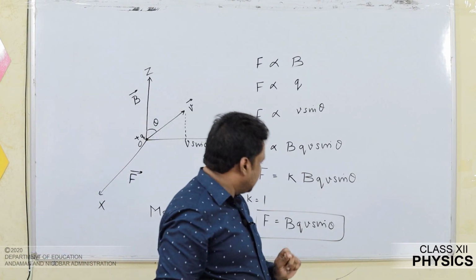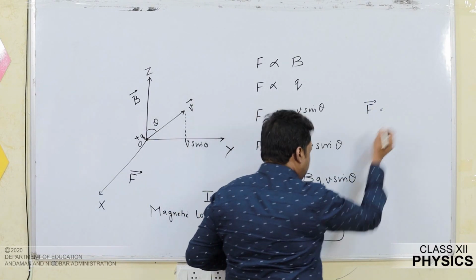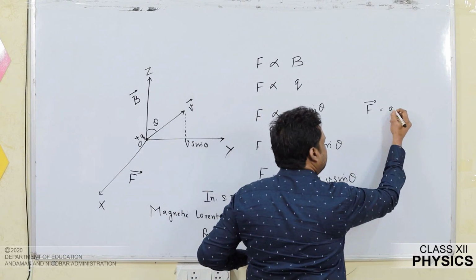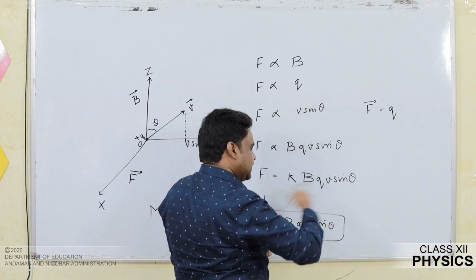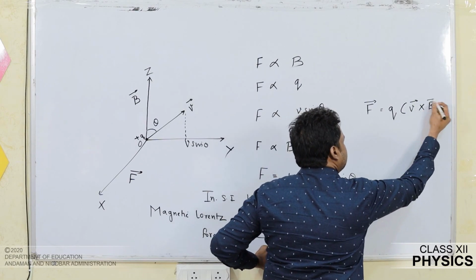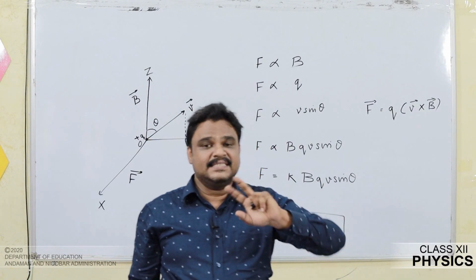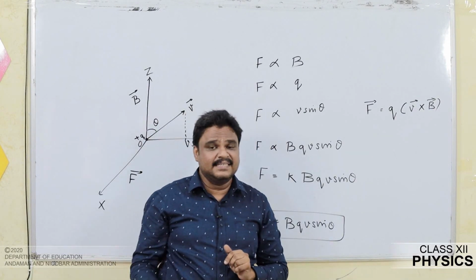So what about the vector form? If I represent this force in vector form, you know q is a scalar, and sine theta is the output of a cross product. It comes to be v cross B. Once again, it's a sensitive part. You know how to get the direction of vector quantities: you use the right hand thumb rule.